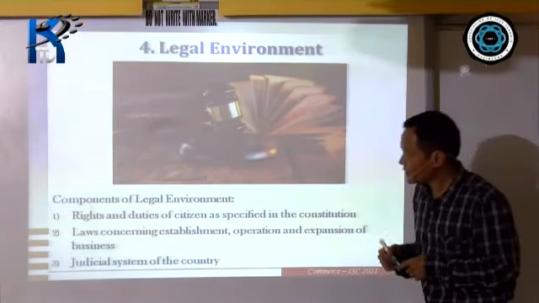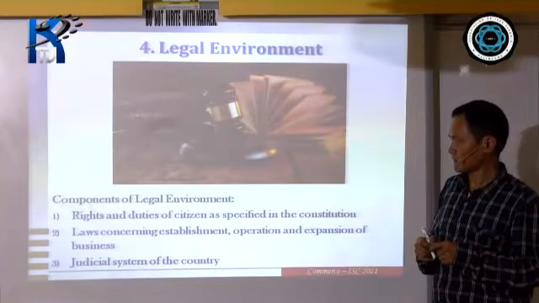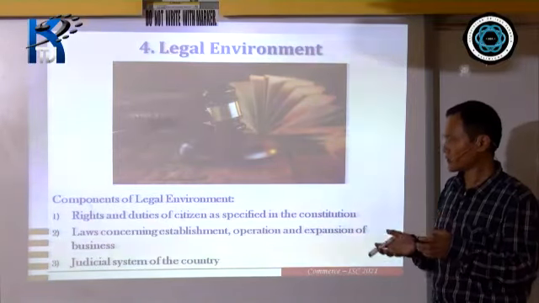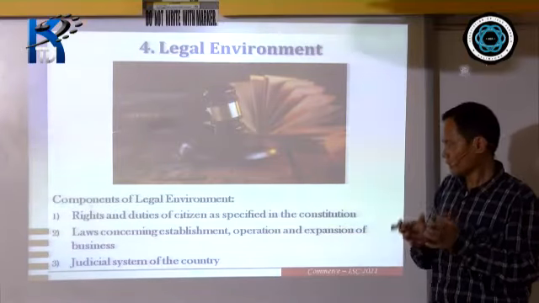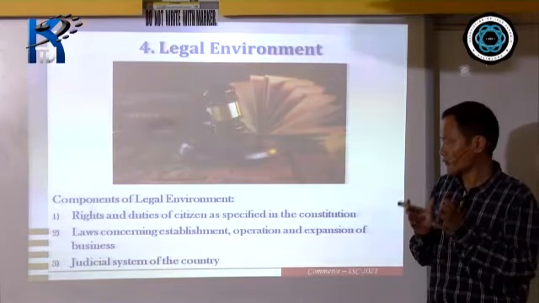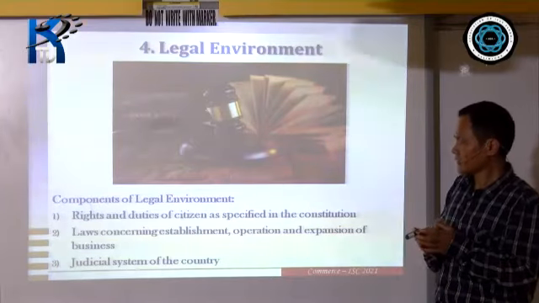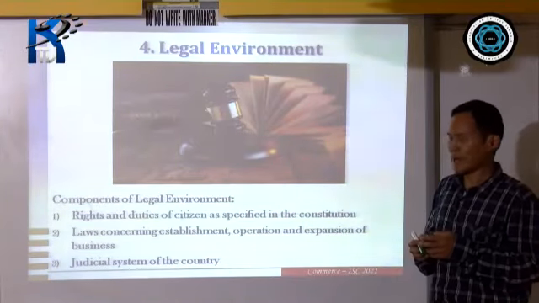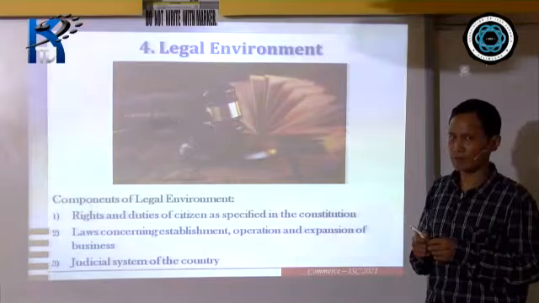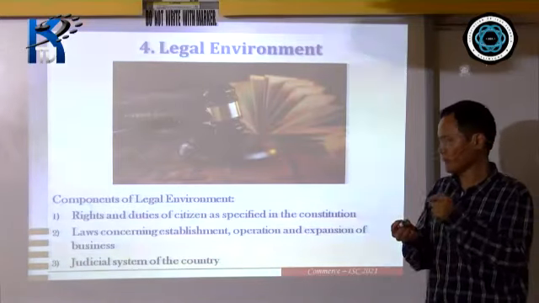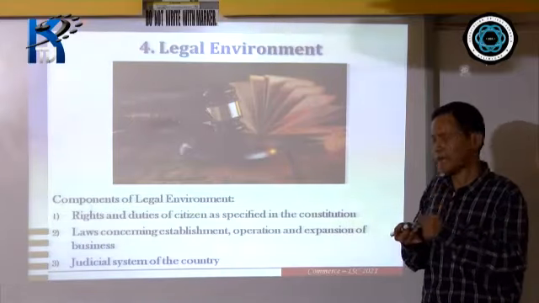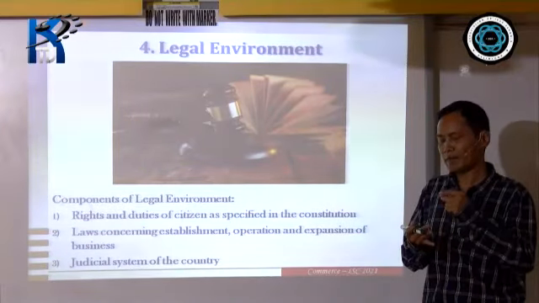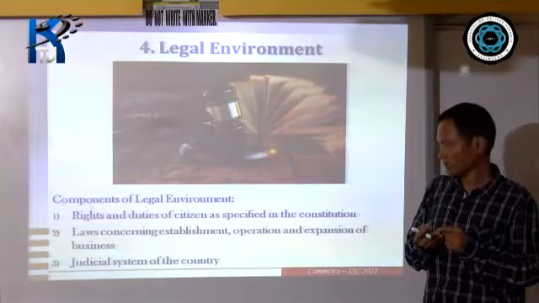Next, judicial system of the country. So basically, judicial system is to administer the enforcement of law and to give justice at the time of any dispute. Okay? So we have a district court, we have a high court at the state level, and we have Supreme Court at the national level.